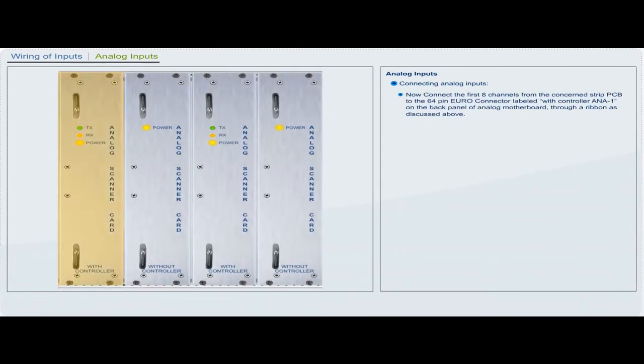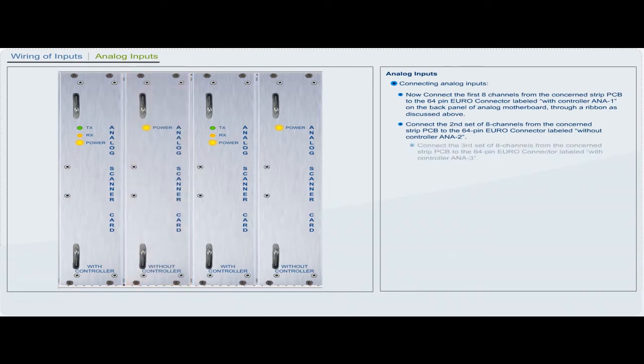Now, connect the first 8 channels from the concerned strip PCB to the 64-pin Euro connector labeled with controller ANA1 on the back panel of analog motherboard through a ribbon as discussed above. Connect the second set of 8 channels from the concerned strip PCB to the 64-pin Euro connector labeled without controller ANA2.